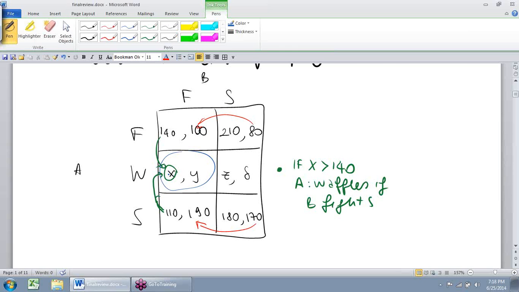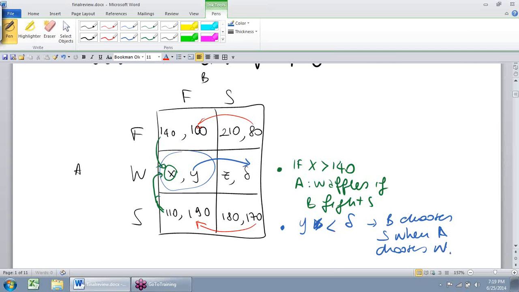So we already have an arrow coming in for A. We do not want an arrow coming in for B. So basically we need an arrow going out from here. So we need y smaller than delta, so that B chooses share when A chooses waffle. So that we killed the possibility of a Nash equilibrium in the box waffle, fight. Question on this?